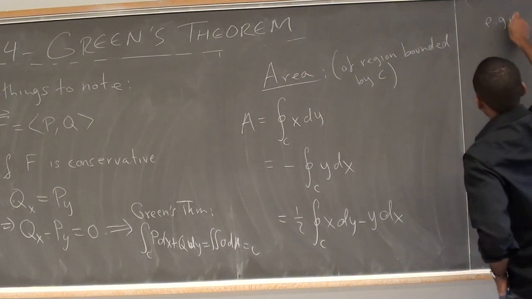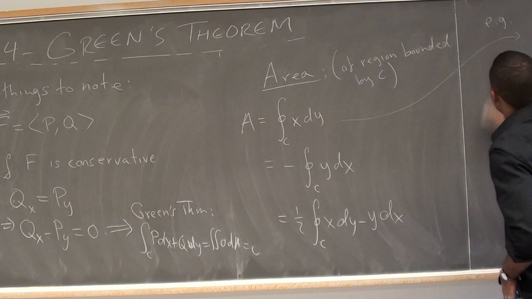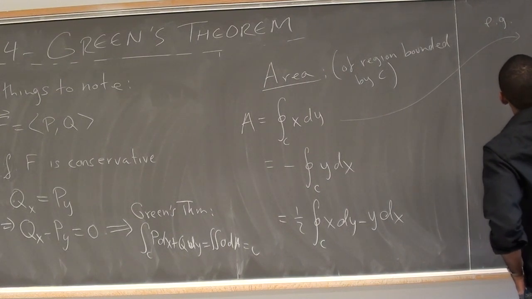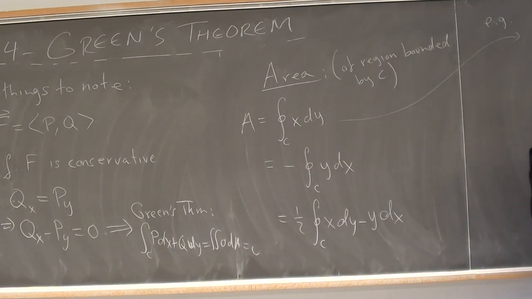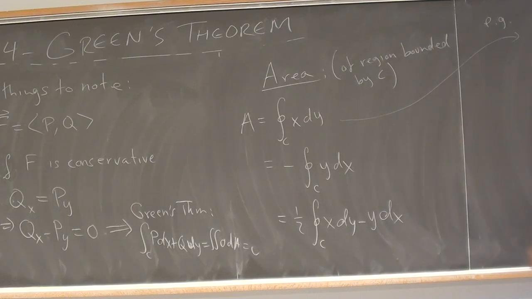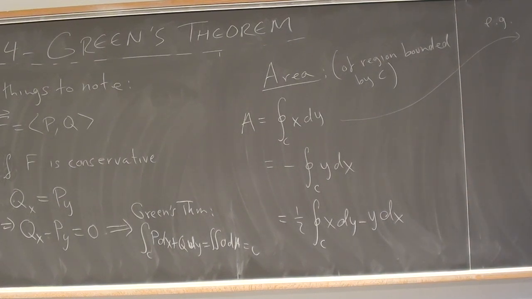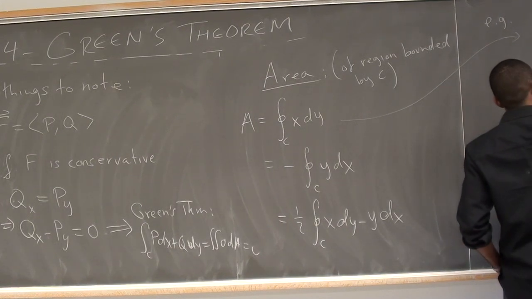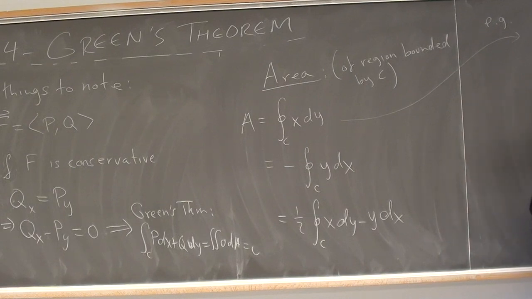So for example, in the first one, by Green's theorem, if you wanted to apply this, what would you get? The P would be 0, and Q would be x. So your Py would be 0, your Qx would be 1.